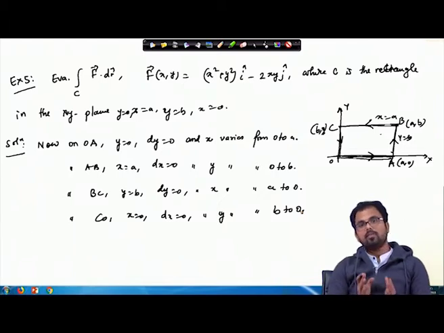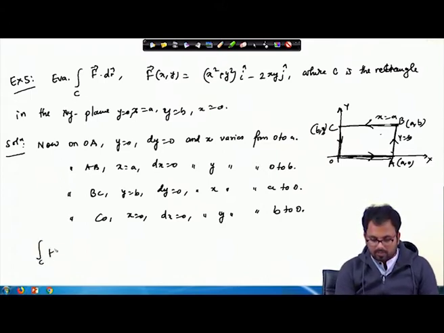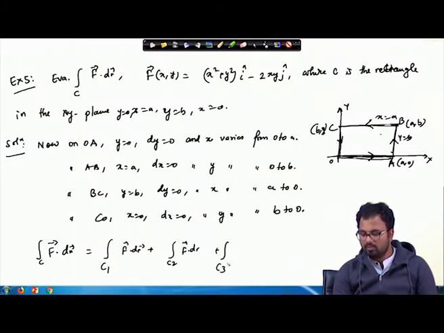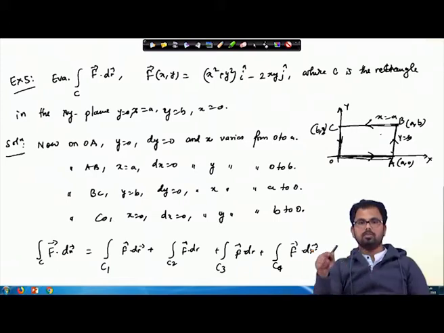Now, instead of calculating the line integral of the vector function f along this curve C, the sum of the line integrals along C1, C2, C3 and C4 will be the same, because our curve C is the union of C1, C2, C3, C4.